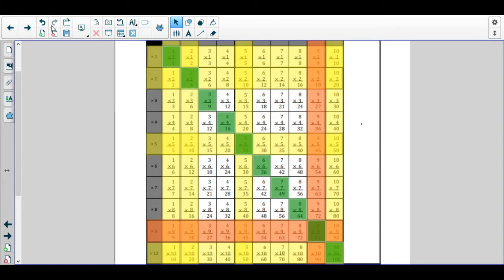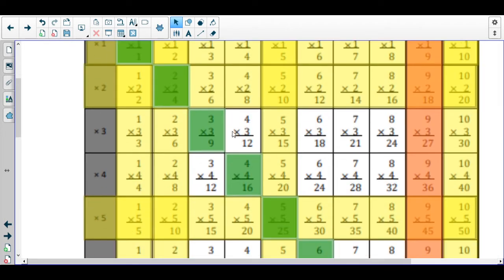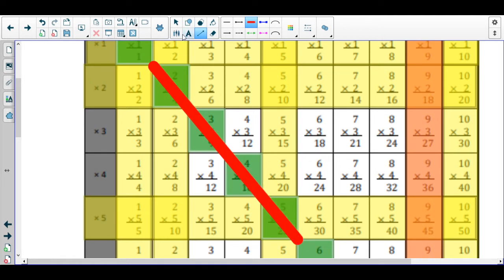So if we look right in here, for example, and I can go ahead and get zoomed up here. If we look right here, as this line is going through, we have this line that comes through right here. Right on this side of the line, we've got 4 times 3 is equal to 12, and then 3 times 4 is equal to 12.